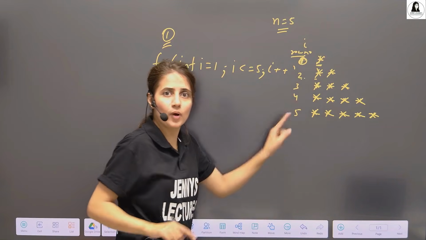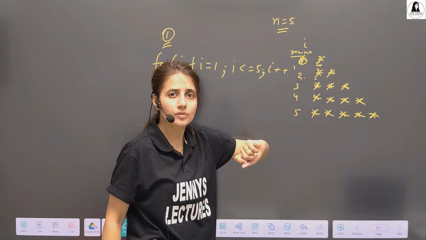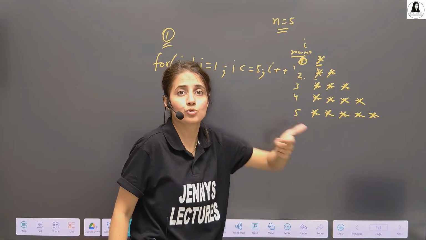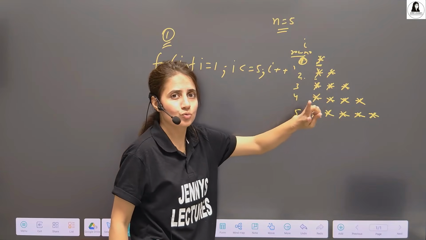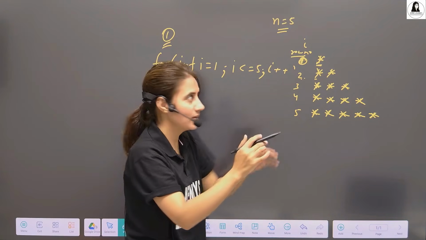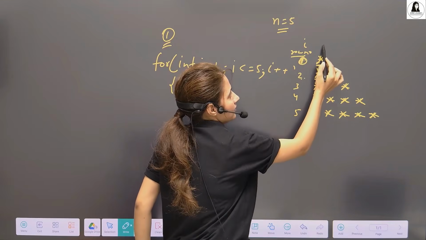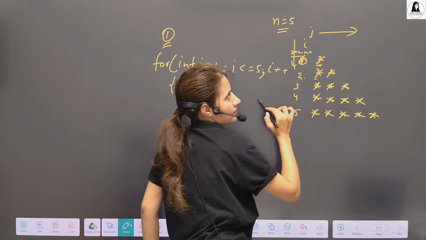So if the i value is 1, then the inner loop j value is also 1, the number of columns is also 1. If the i value is 2, then the j value is also 2. Here I'm taking one more variable j for the inner loop, the number of columns. This side i and this side j.